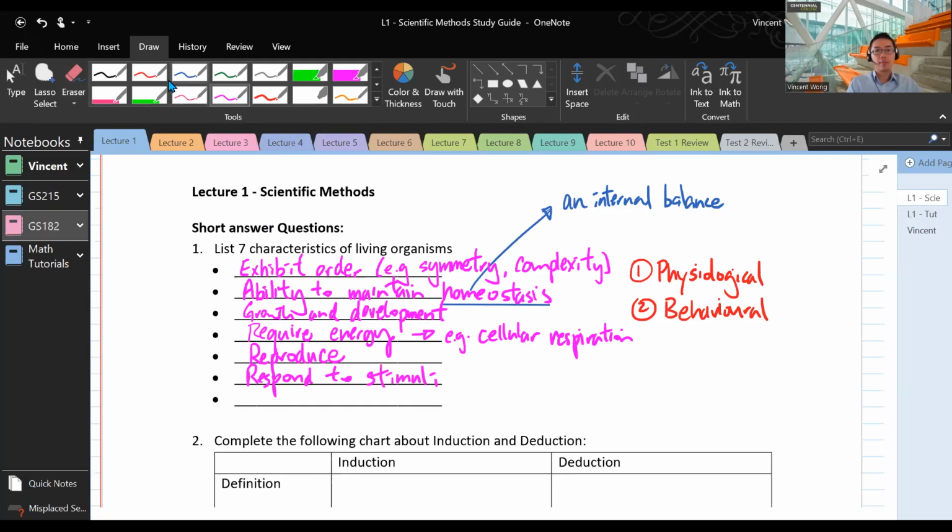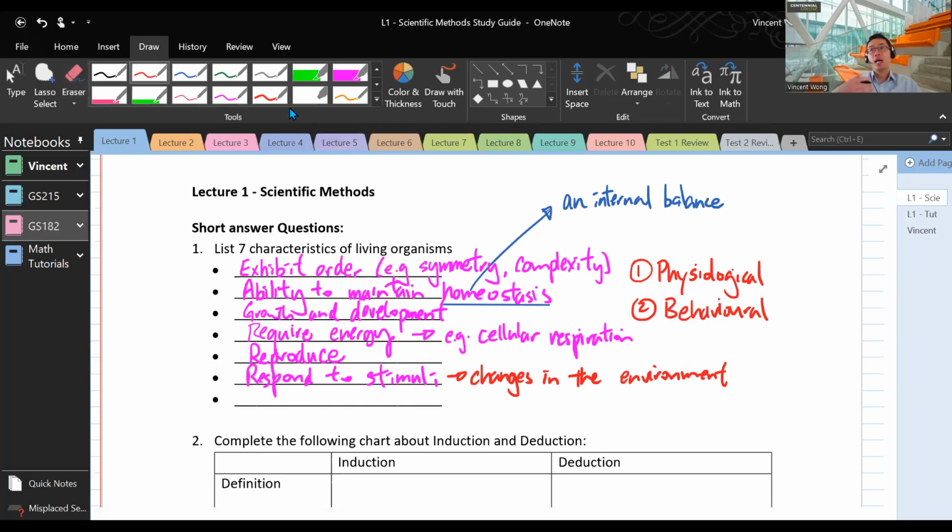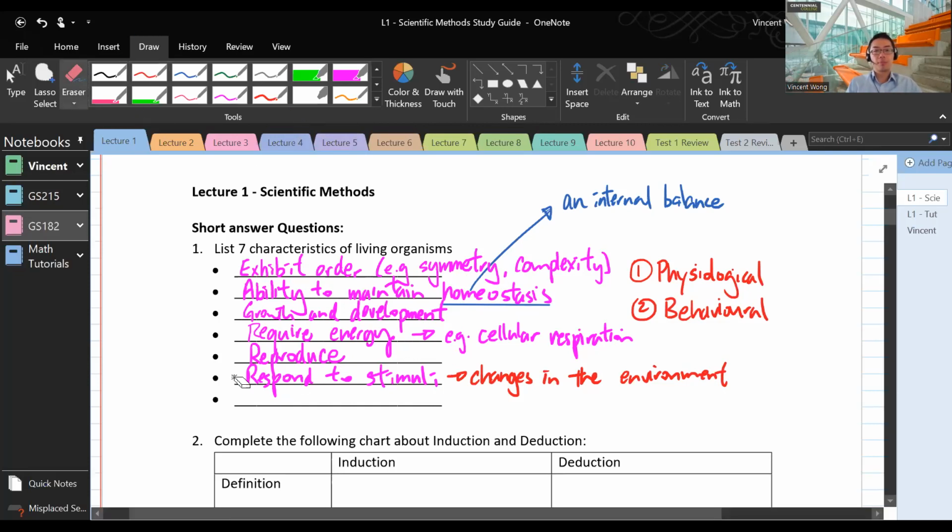Stimuli are basically changes in the environment, and these changes are going to cause your body to respond in a particular way that would help it maintain homeostasis. Not just humans; plants do this as well. They're able to respond to changes. They grow towards the light, for example. That's an example of responding to stimuli.